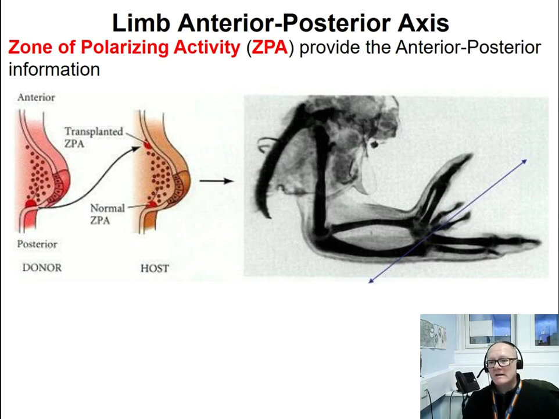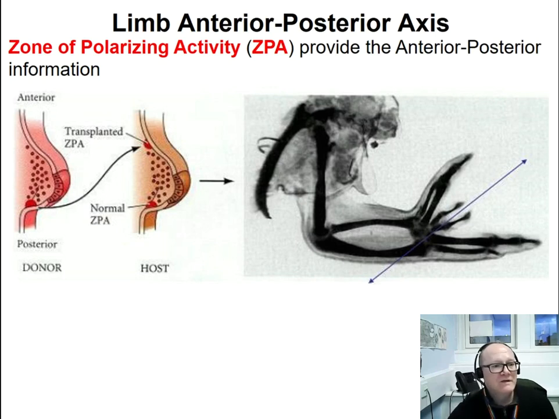And this results in a very bizarre limb development. What we have here is the result of this transplant, shown in this X-ray picture. And what you can see is that the autopod in particular of this animal has been duplicated upside down.